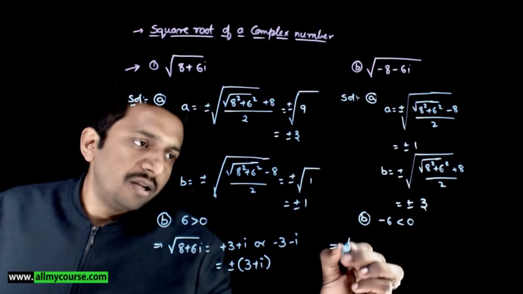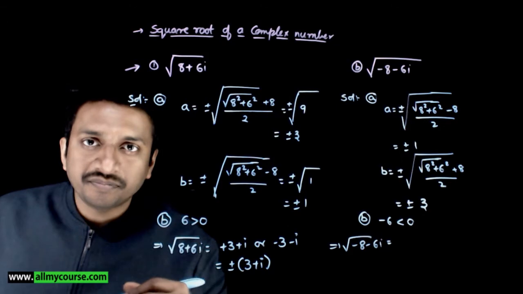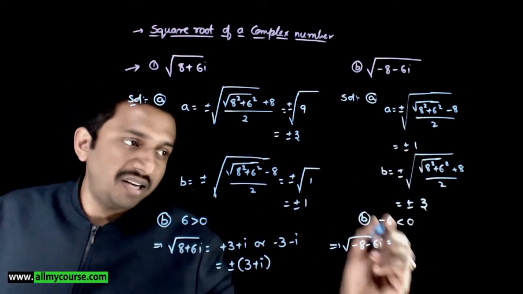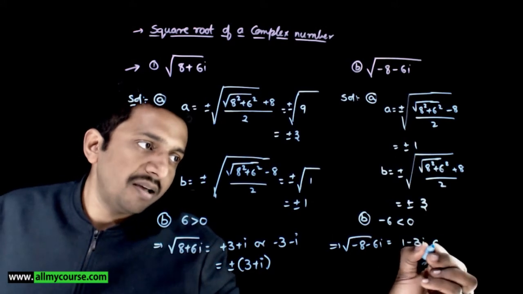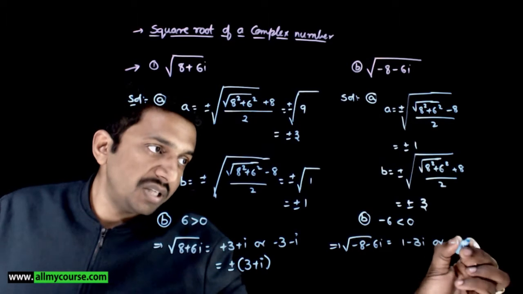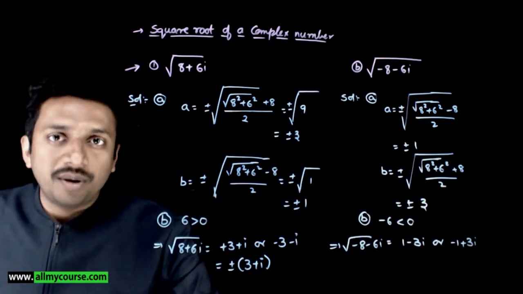So this implies root of minus 8 minus 6i is equal to a is 1, b is minus 3, that is 1 minus 3i, or if you take a as negative, b has to be taken as positive. So 1 minus 3i or minus 1 plus 3i.